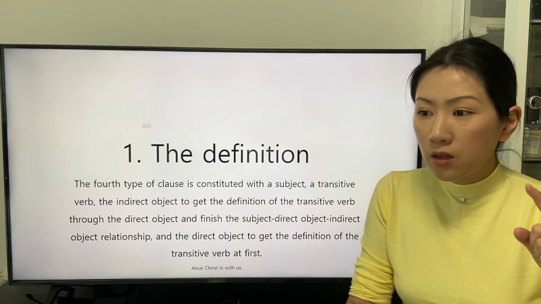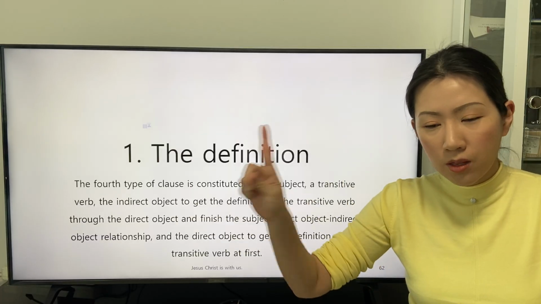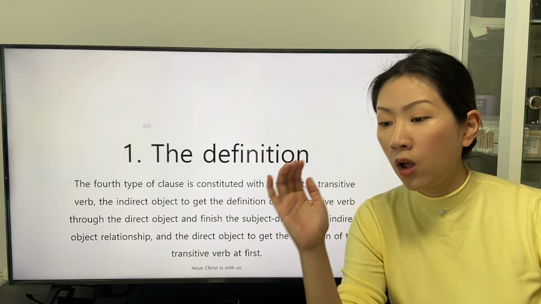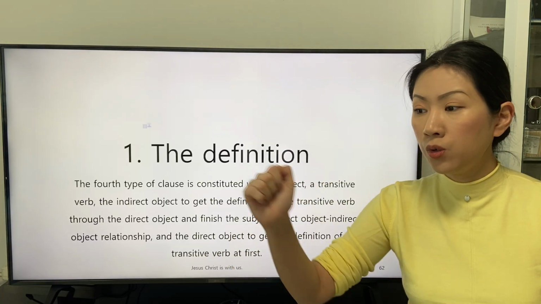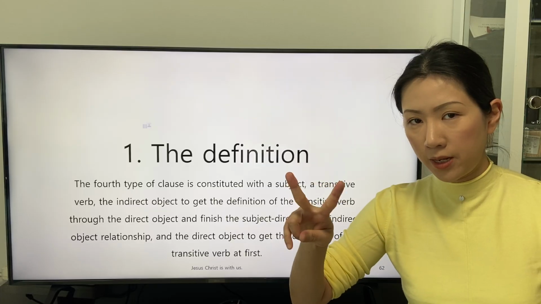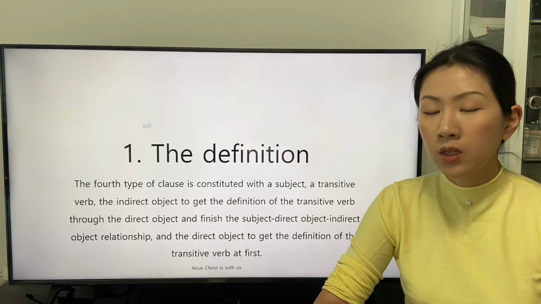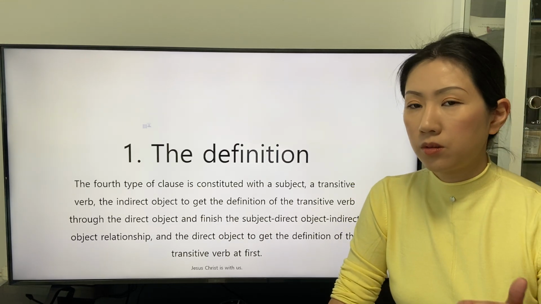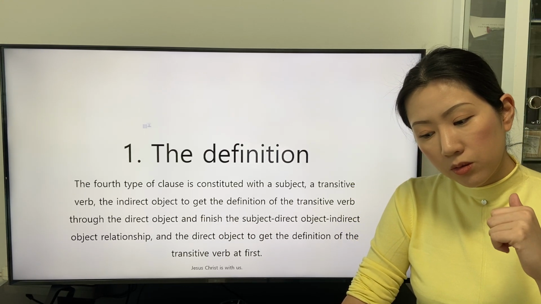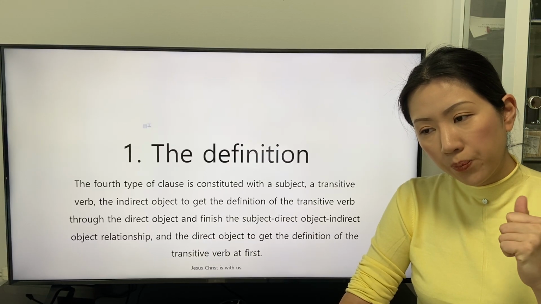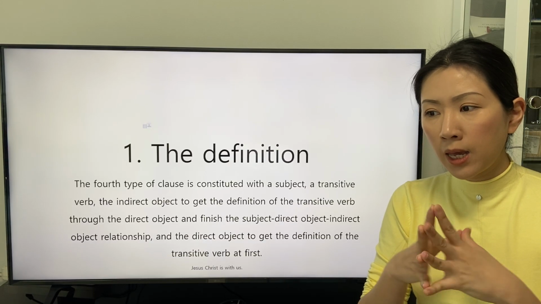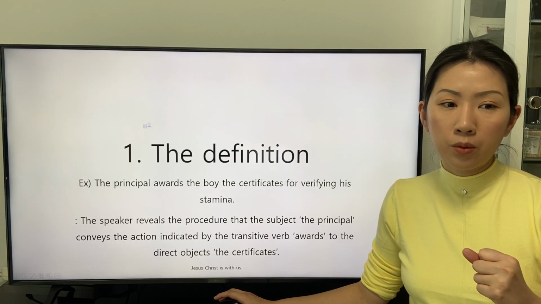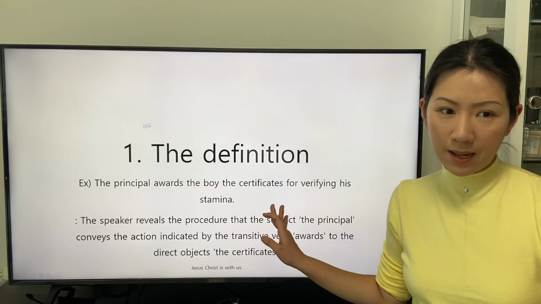This means that the speaker expands the range of statement from an object to the two objects, so we can study from the example.